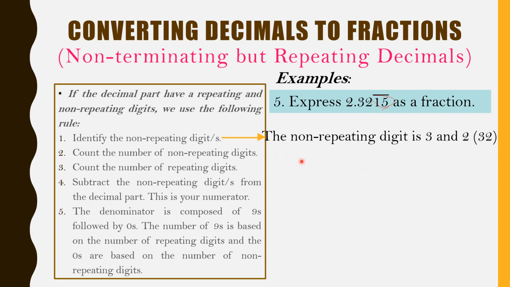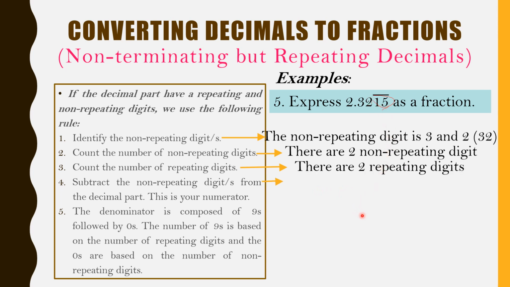Number 2, count the number of non-repeating. There are 2 of them. So that will determine the number of zeros, right? So we'll have 2 zeros later on in our denominator. Count the number of repeating digits. The number of repeating digits are also 2. We have 1 and 5. So it means that we will have 2 9s in our denominator.